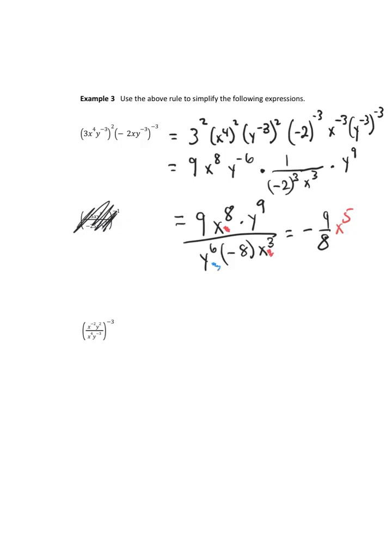And get those y's. I've got 9 on top, 6 on bottom. So 3 would be left over. Y cubed. There's that. That one's got a bunch of little details. They are a little tricky at first. You'll get some practice in the homework.